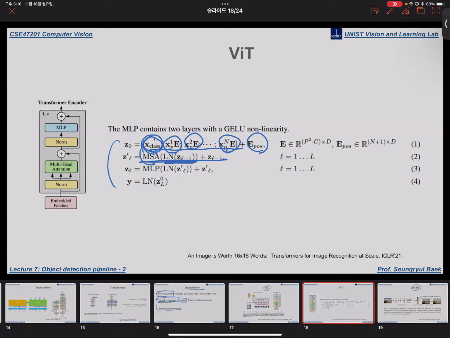And this is the multi-head self-attention layer. And this is added similar to the residual connection. And this is the MLP and residual connection, and we apply final normalization to get the final output. This formula is explaining actually these blocks.